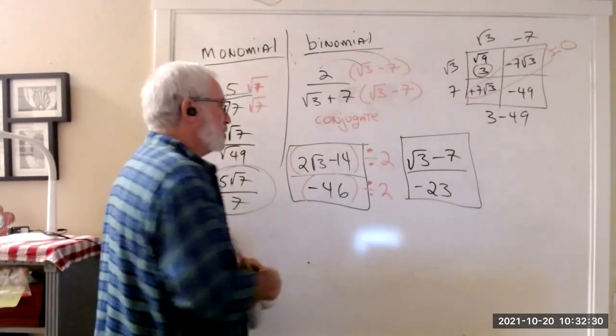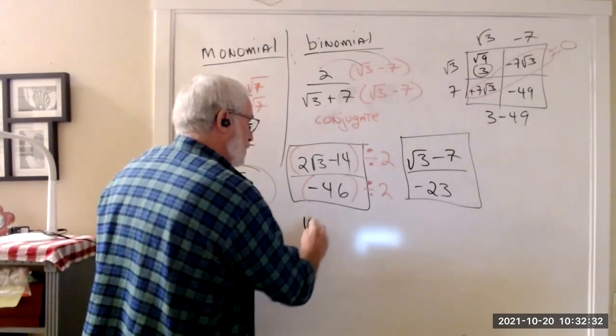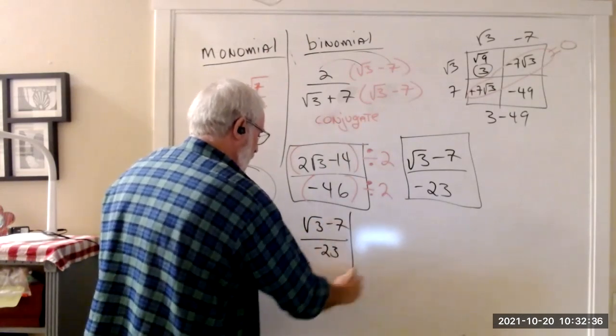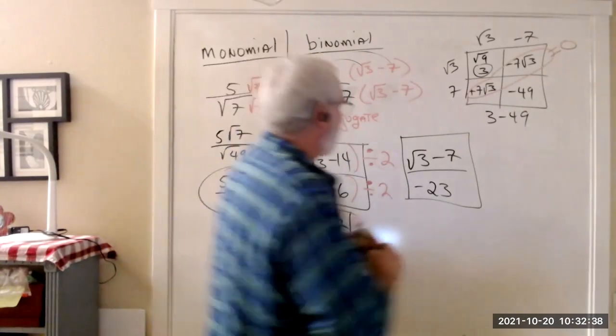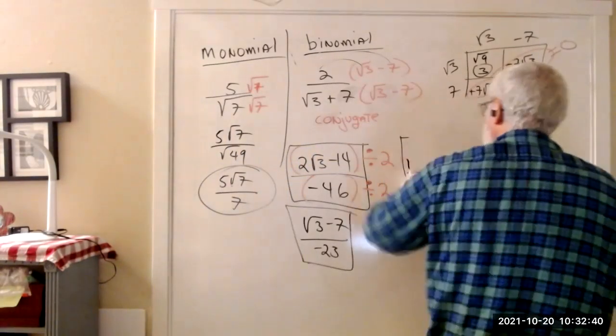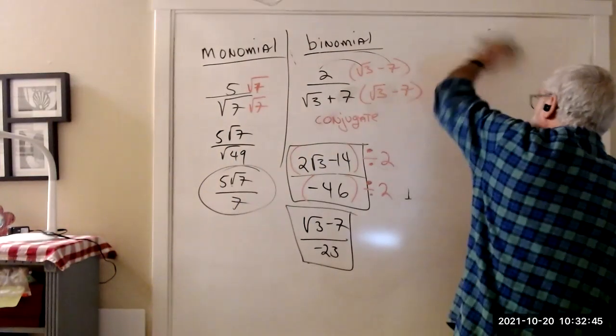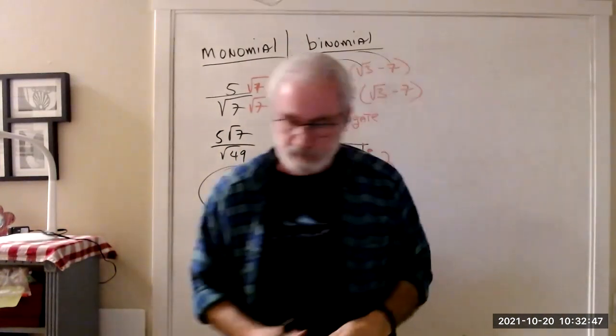Okay, let's write this here. So this becomes the square root of 3 minus 7 over negative 23. Okay, so I want you guys to try this one.